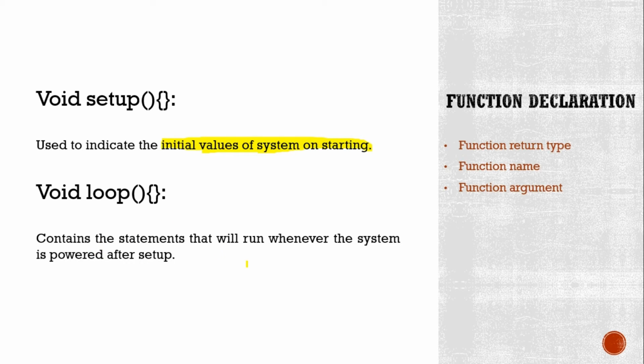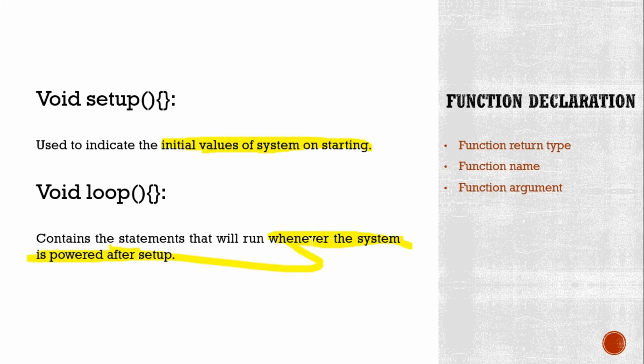In the loop function, we write the code or the instructions which will be executed when the system is powered after the setup. When we give the power supply to the Arduino, this set of instructions written under the loop function will get executed repeatedly.